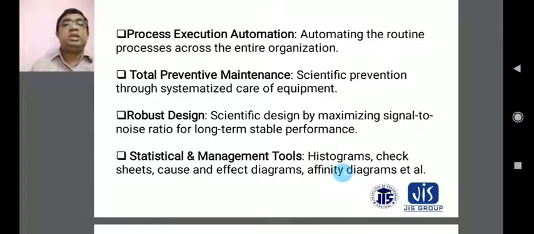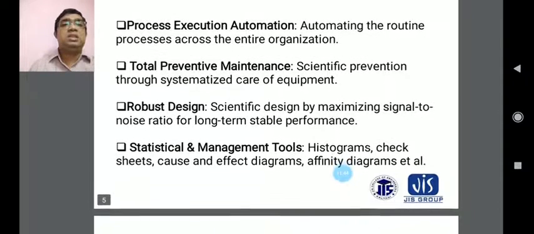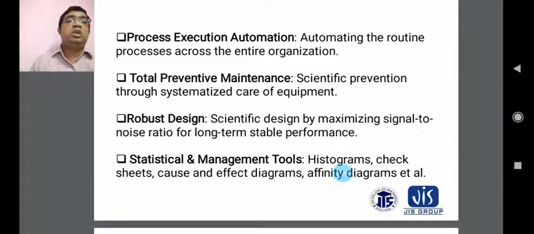Another thing is robust design. Robust design is essential in your manufacturing units, and different types of products can also be produced through this robust design. This is a scientific design that maximizes the signal to noise ratio so that long term stable performance can be calculated.